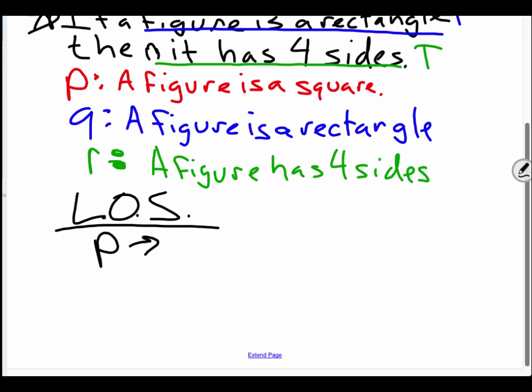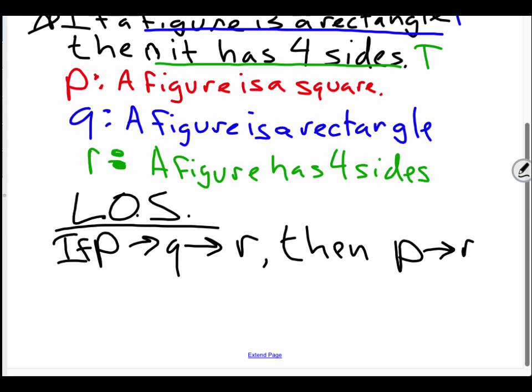If P implies Q and Q implies R, then P implies R. In other words, if P is true, then that would imply that Q is true, and that would imply that R is true. In other words, P implies R.